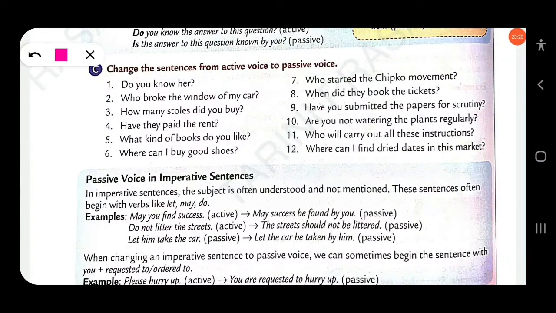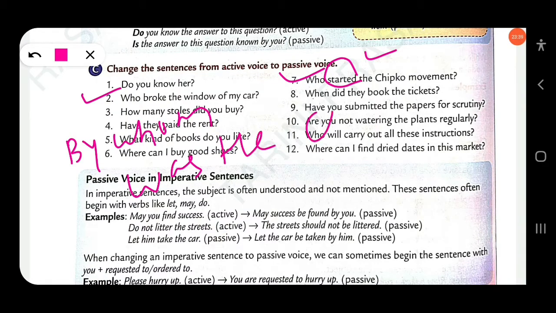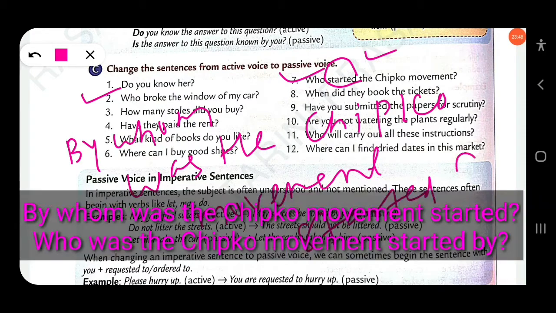So similarly, just like question number 2, here passive can be formed with by whom or who. So you can write here by whom. Yes, here the tense used is simple past. By whom was the Chipko movement started?